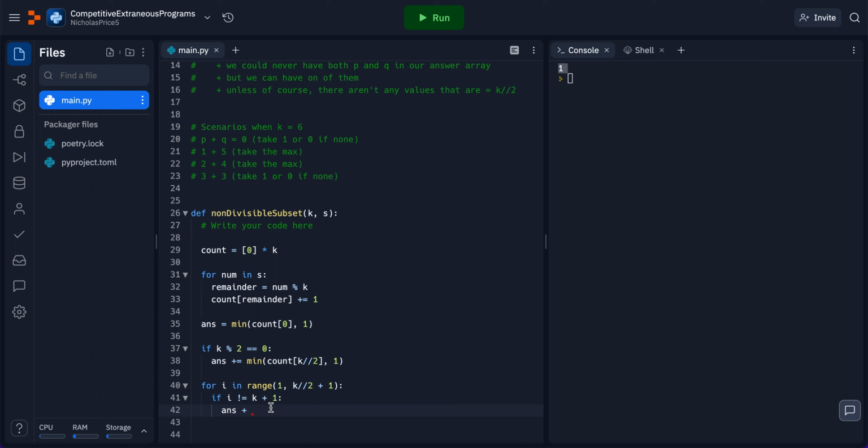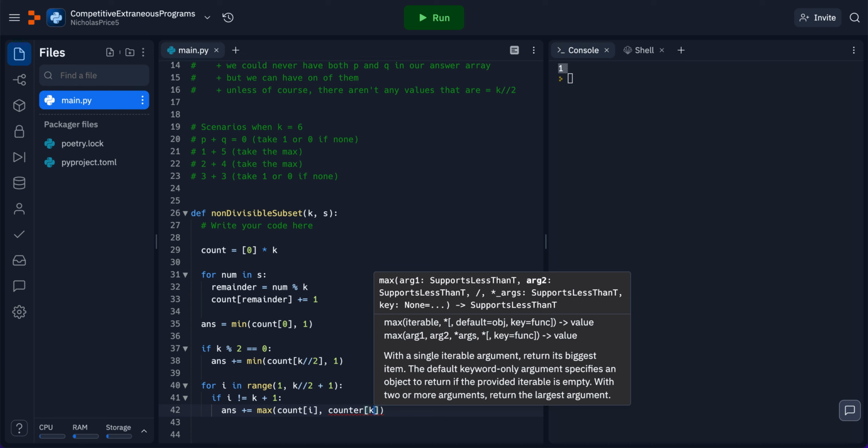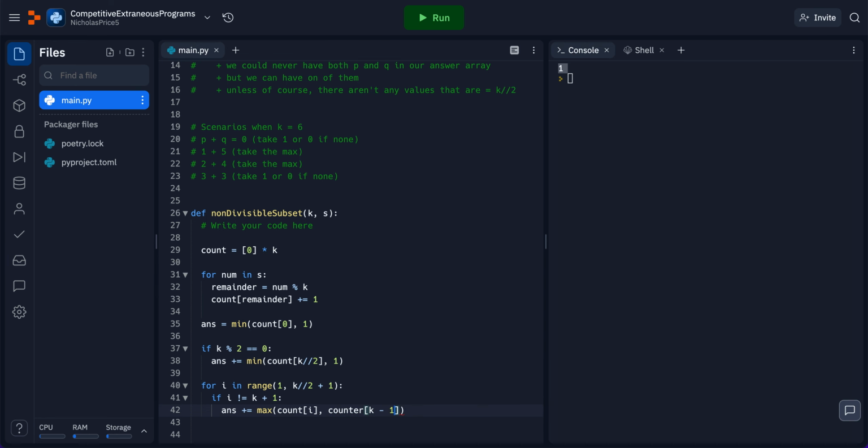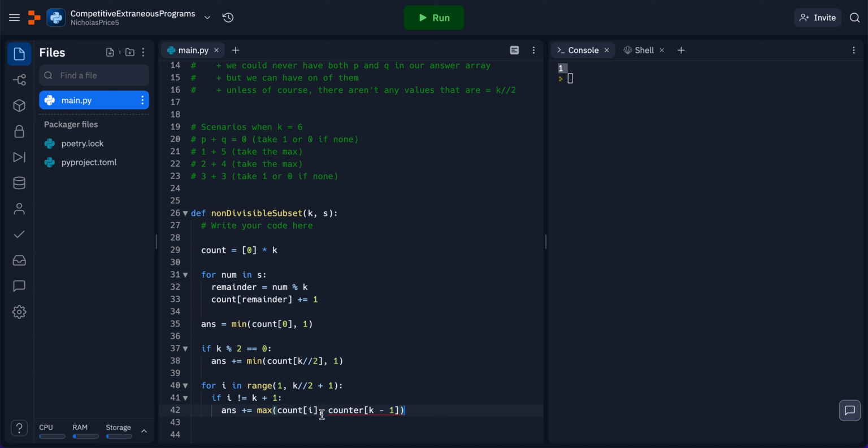Okay, so we'll do answer plus equals the maximum of our counter i and our counter k minus i. Why can we do this? Well, what would i be? Our i would be 1.